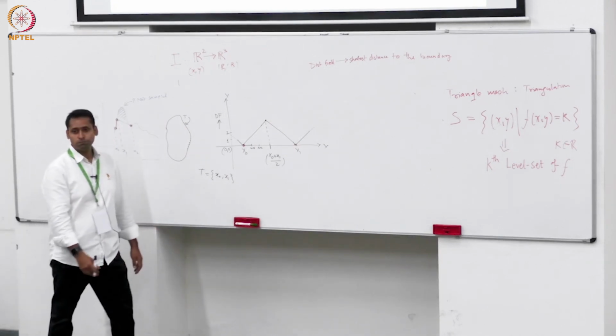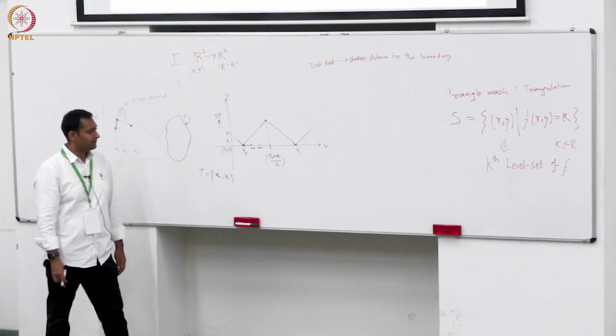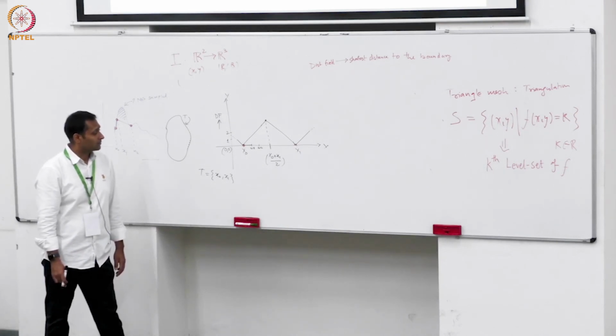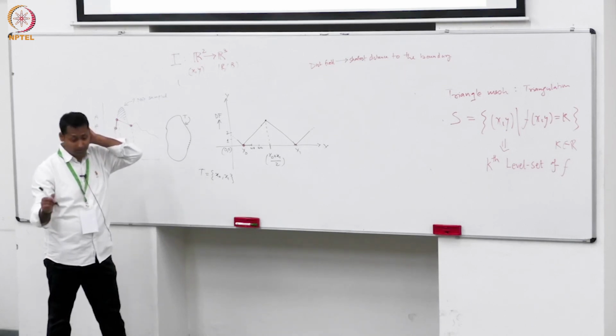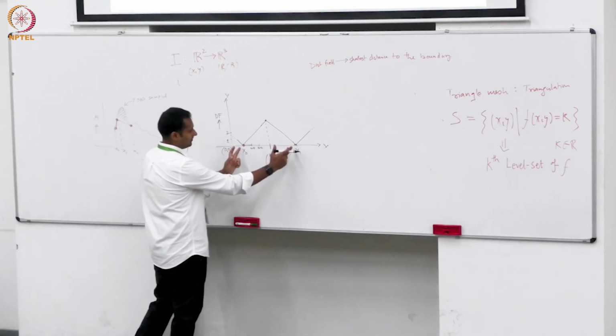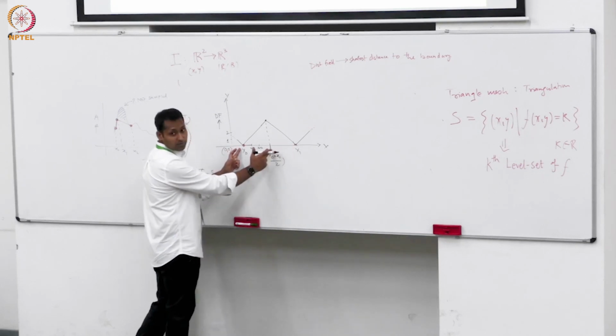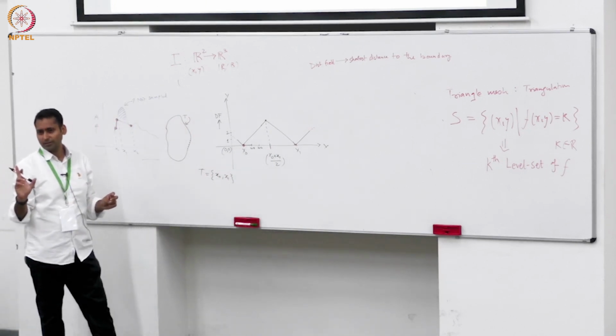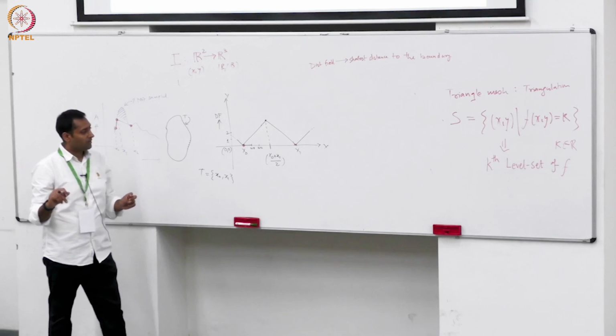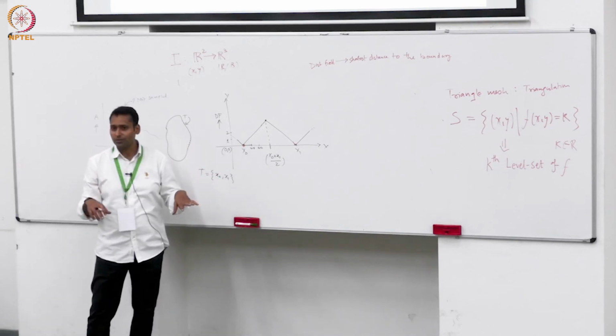This distance divided by 2. What would that be? x1 minus x0 divided by 2. Is that correct? Yeah.